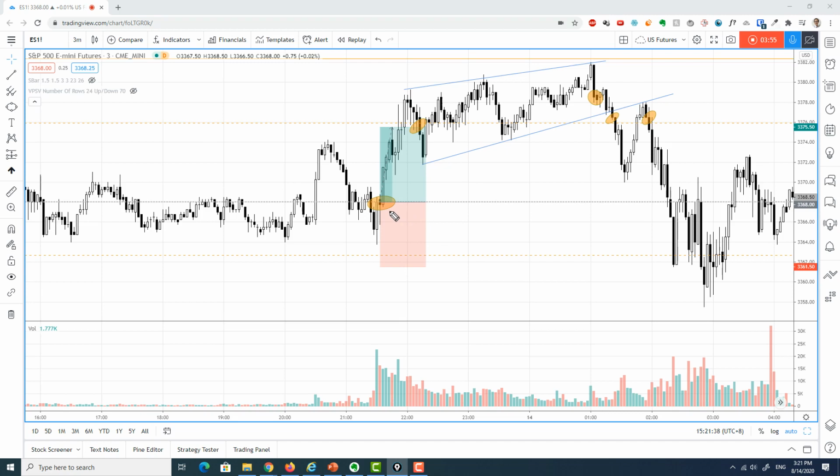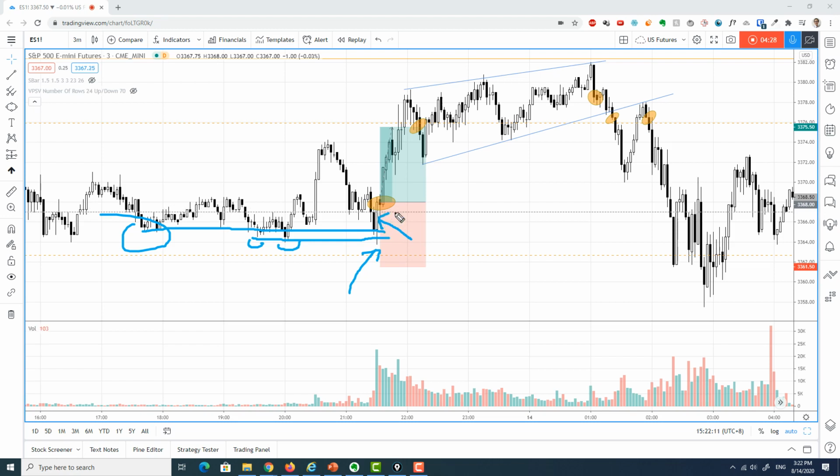As we can see in this chart here, let me just draw a line at the previous swing low. You can see that this opening bar at 9:30 p.m. my time actually sprang the previous swing low here, or if you want, you can draw this up a little bit higher. It definitely tested the prior swing low, and immediately we see a reversal type of bar that closed near the high.